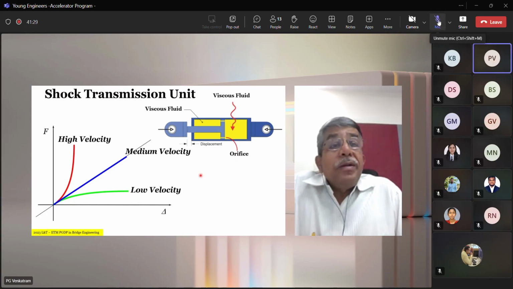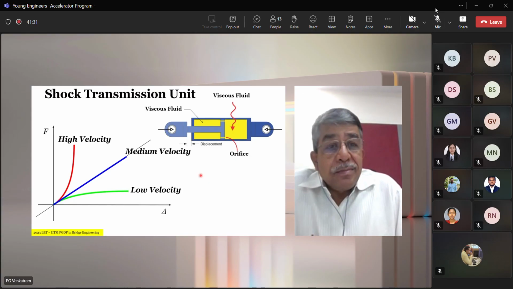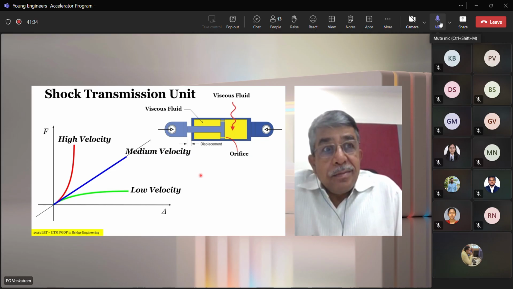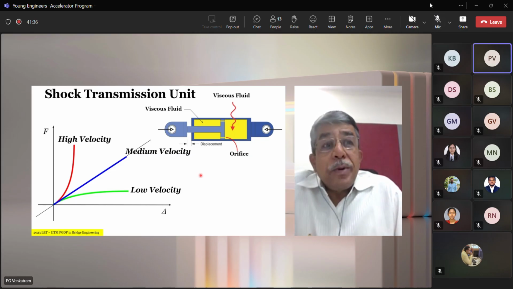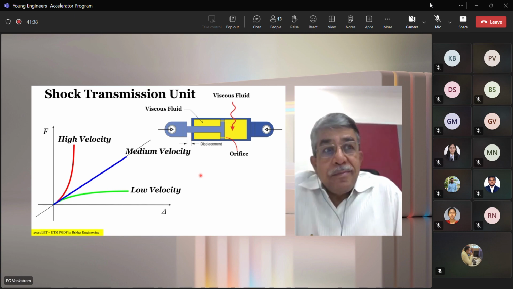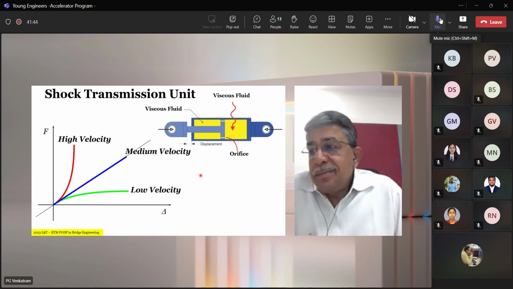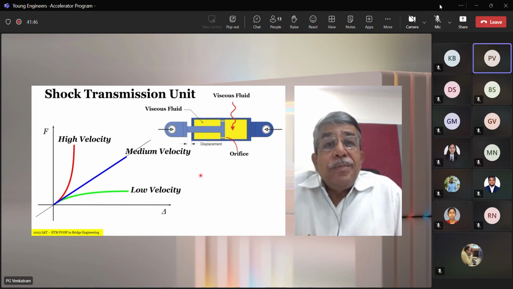At the right moment, it just might fail to perform. Correct? And can you predict when an earthquake will come? No. So therefore, it becomes a maintenance issue if you use this shock transmission unit.